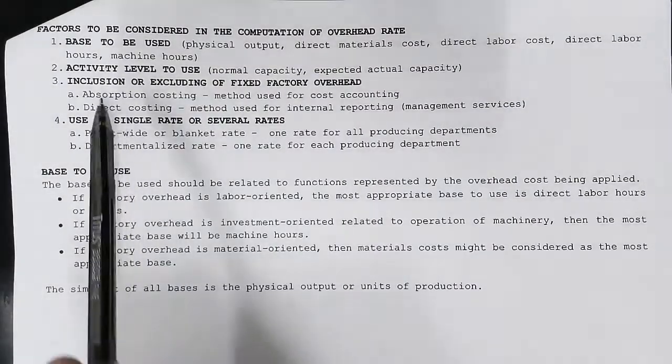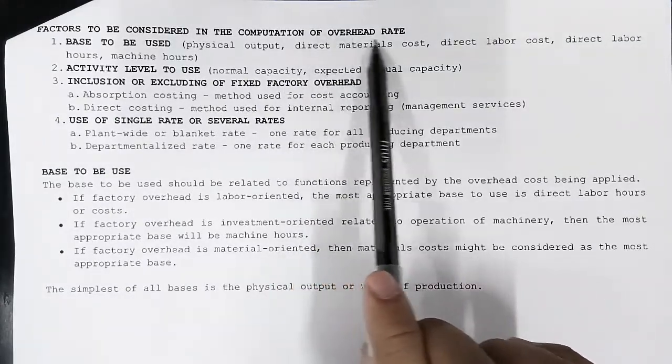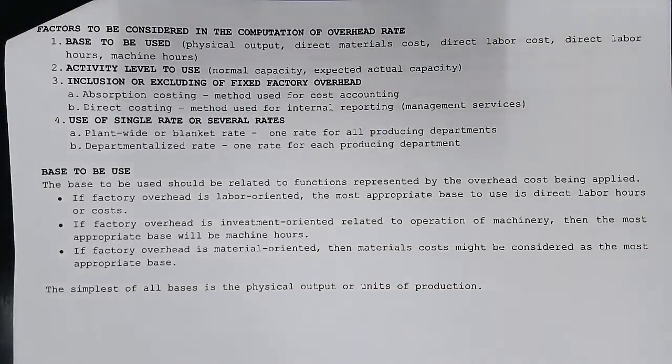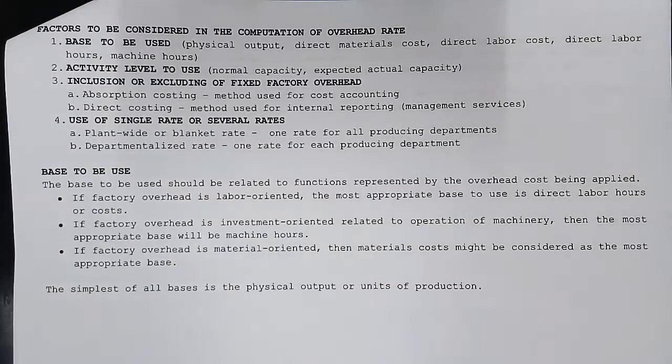Okay. Factors to be considered in the computation of overhead rate. This overhead rate mentioned here is something you already encountered during the cost accounting cycle. If you still remember your cost accounting cycle, there was a transaction where factory overhead is applied at 80% of direct labor cost, or 20% of direct materials.